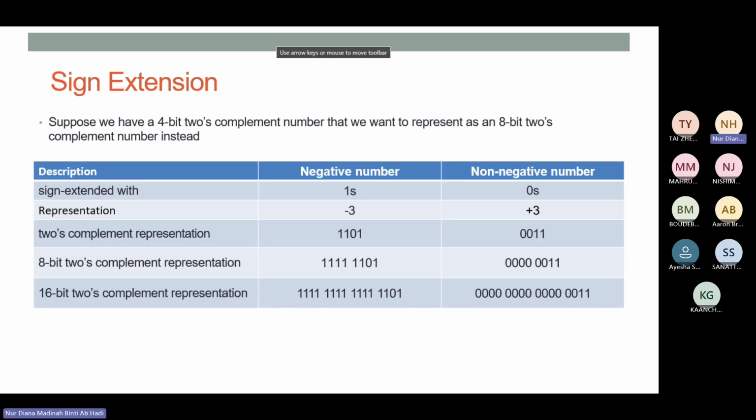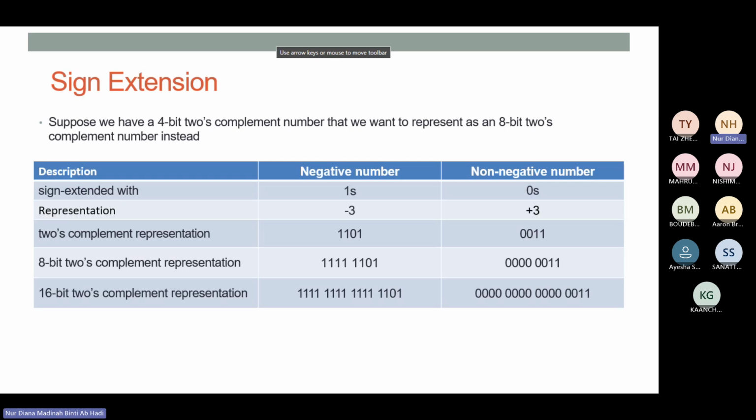Okay, so suppose we have 4-bit two's complement numbers that we want to represent as an 8-bit two's complement number instead. This one will be the easiest way for you to understand. When we have negative numbers, we put 1 as the most significant bit.